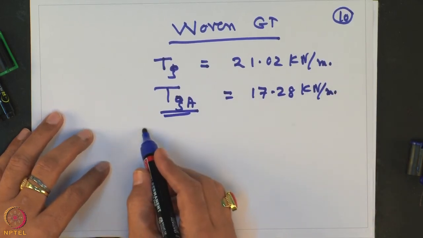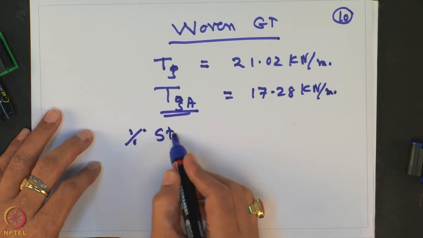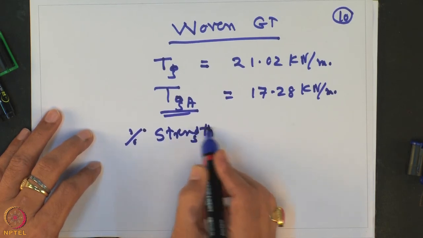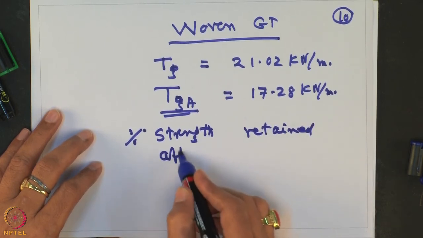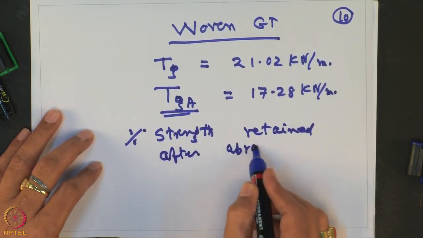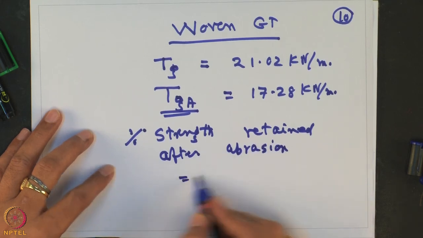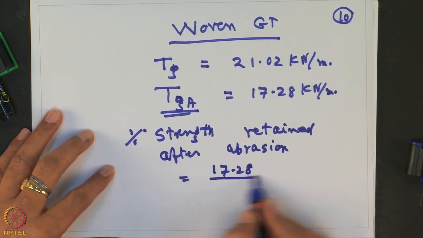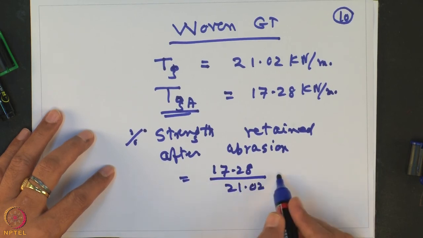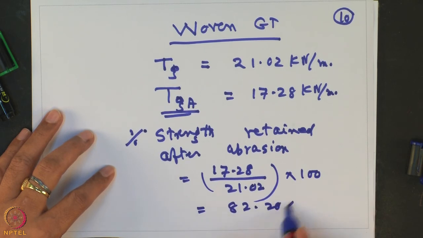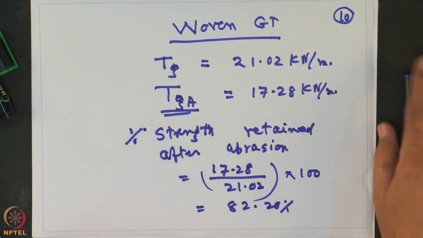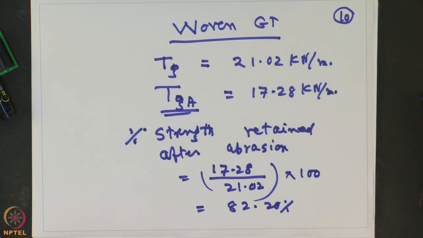So, you have to determine the percentage of strength retained after abrasion. So, this is 17.28 divided by 21.02, into 100. So, this will give 82.20%. So, abrasion resistance is very important for the determination of the geosynthetic material, so that the geosynthetic material should not suffer any damage.